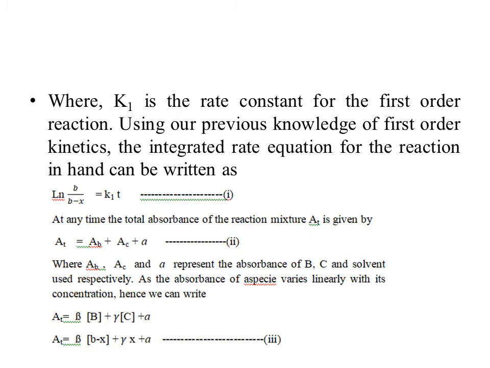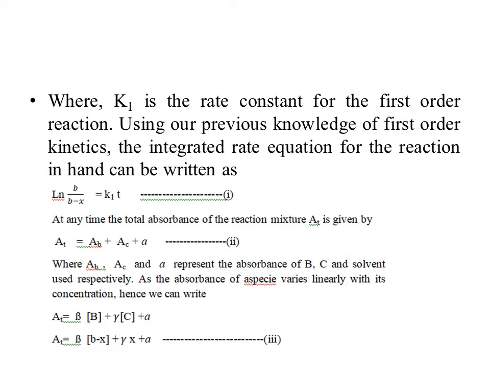Now dear students, at any time the total absorbance of reaction mixture AT is given by AT is equal to absorbance of B plus absorbance of C plus alpha, that is the absorbance of solvent used.